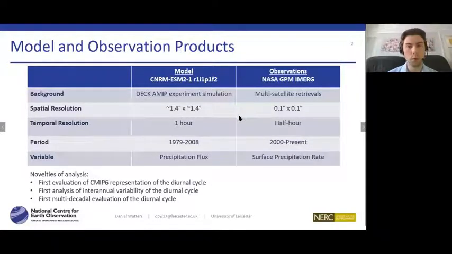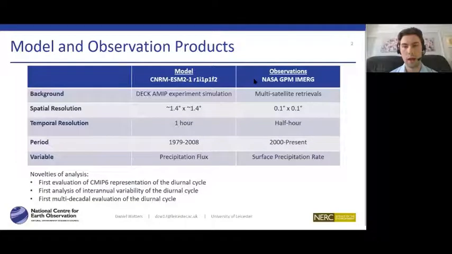So we've picked the CNRM model, the AMIP simulation, because it has such a fine temporal resolution of every hour, and it provides a spatial resolution of 1.4 degrees. And we compare it with the state-of-the-art observations coming from NASA's Global Precipitation Measurement Mission. In particular, we look at the IMERG product, which is a global gridded precipitation product.